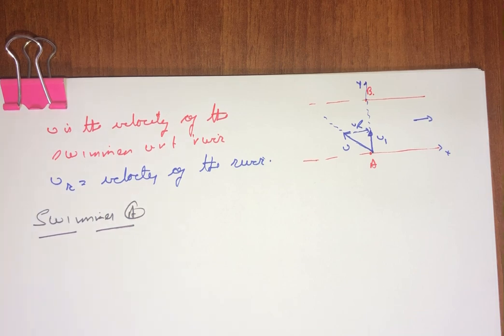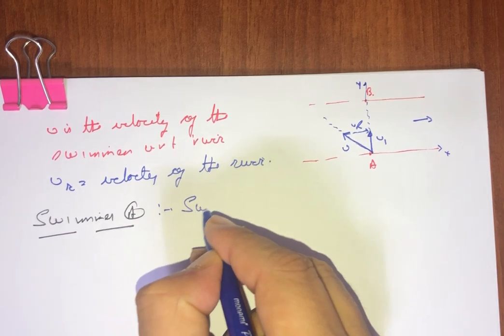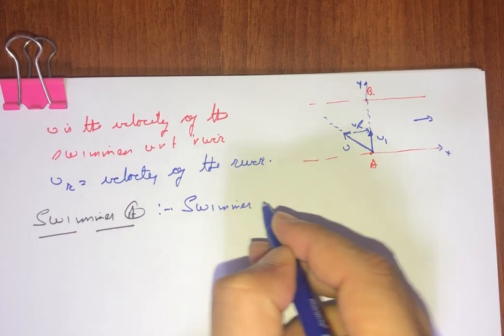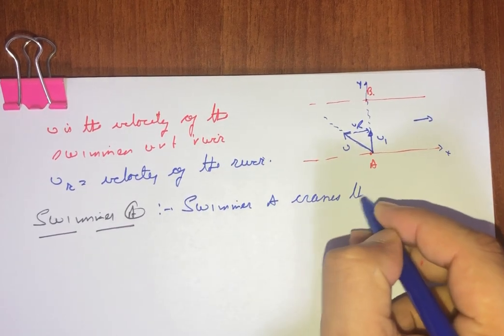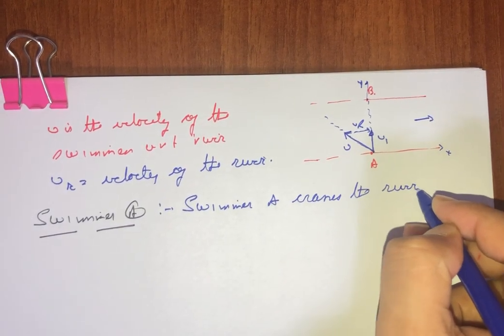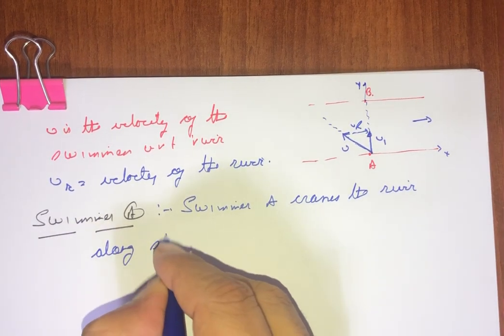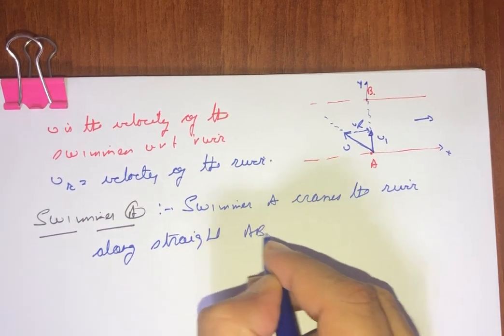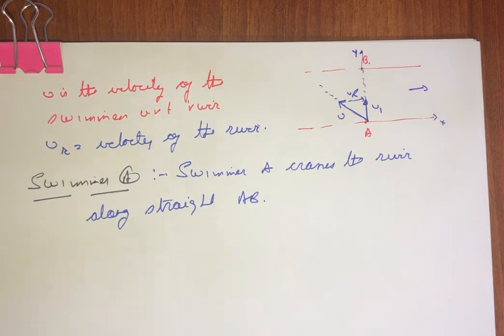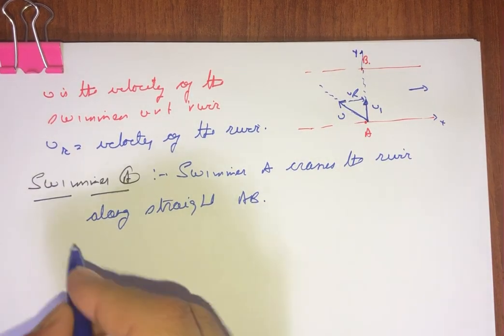Okay, it is given that swimmer A crosses the river along straight line AB. Okay, तो उसके लिए क्या करना पड़ेगा उसको, for which he has to swim upstream. ओके, इस डायरेक्शन में स्विम करना पड़ेगा तभी वो आगे बढ़ेगा.